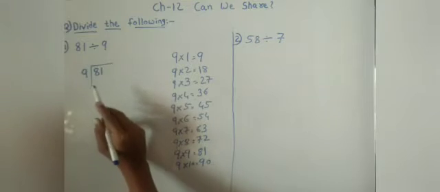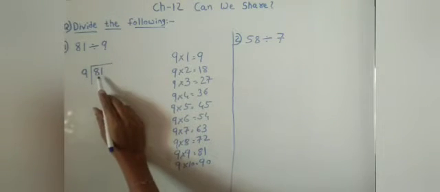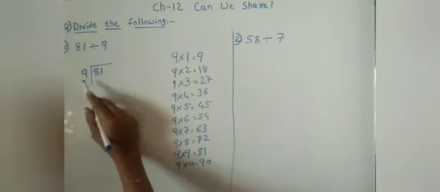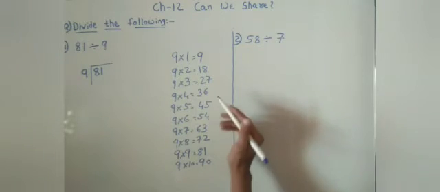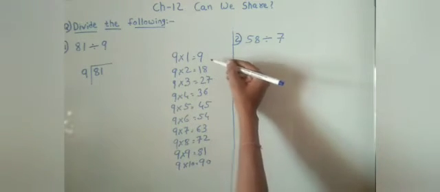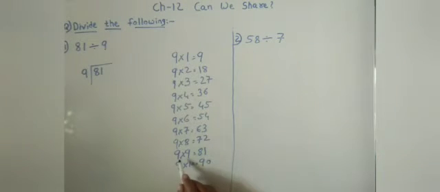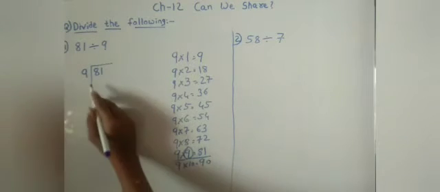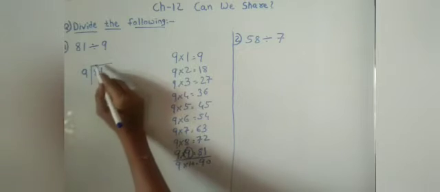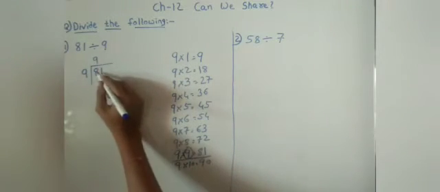Now we will check whether 81 is coming in the 9 table or not. Yes, it is coming. 9 nines are 81. So we will write here 9 nines are 81.